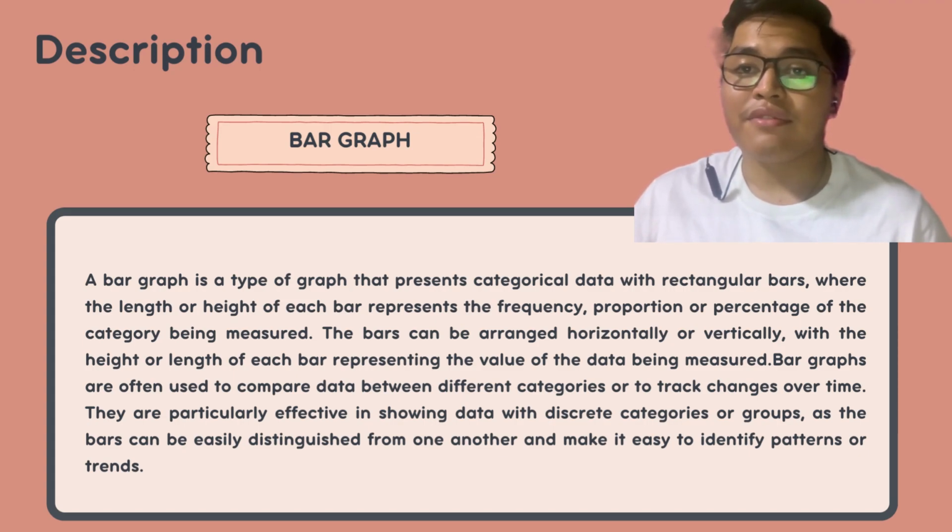Each bar in the graph represents one category, and its height or length corresponds to the value of the data for that category. The bars can be colored or patterned to differentiate them from one another or to highlight certain data points. Overall, bar graphs are a useful way to visualize data and make it easier to understand and analyze information.